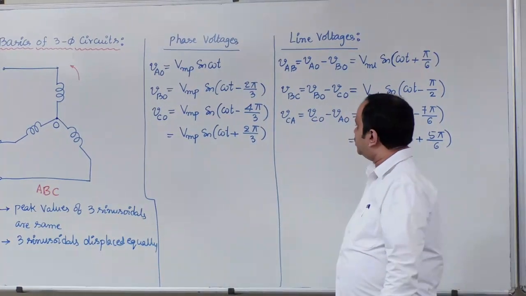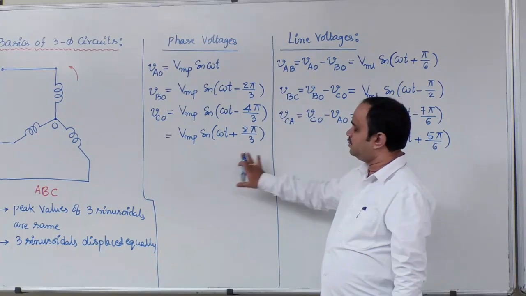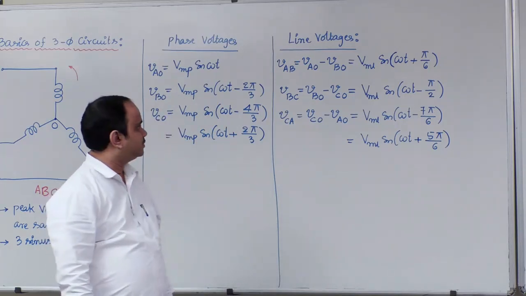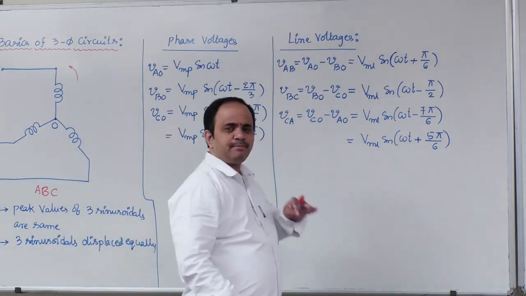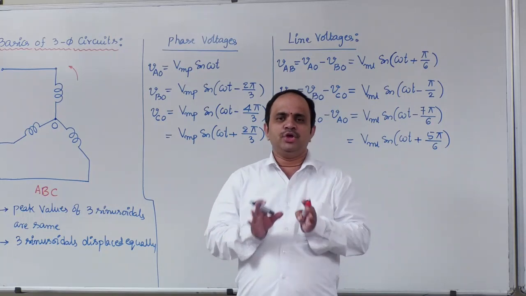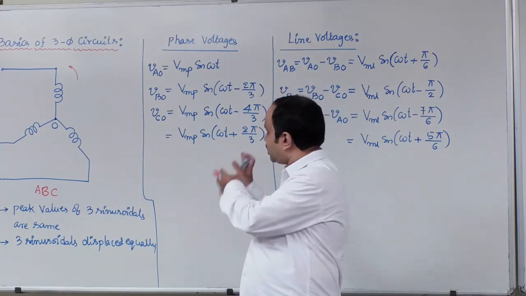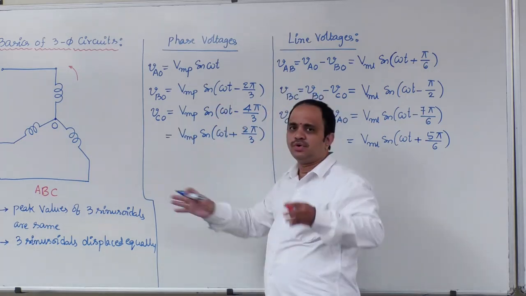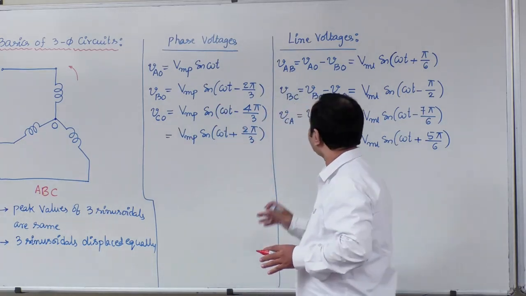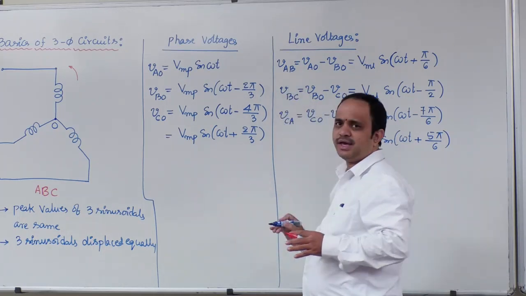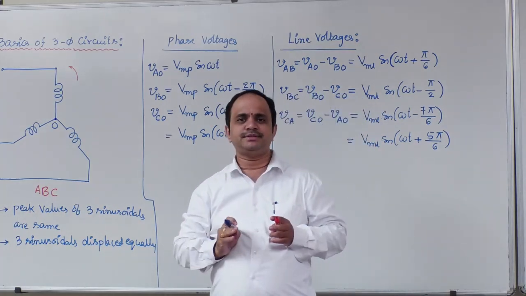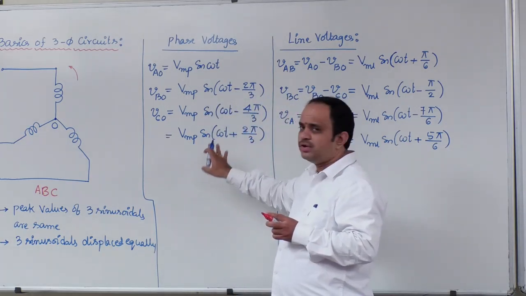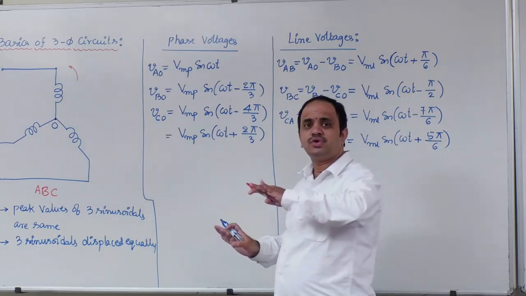Now here there are two groups of voltage waveforms available for reference. There is no compulsory rule that you have to use only one particular group. What do you mean by group here? Phase voltages AO, BO, CO are treated as one group. AB, BC and CA are treated as another group, right? So you have to use any one group of voltages as a reference. There is no compulsory rule.